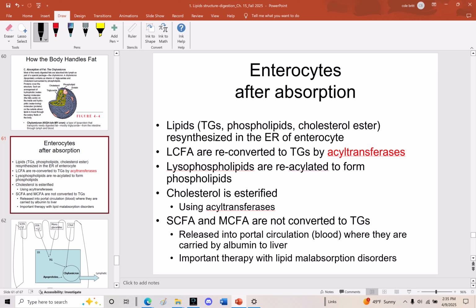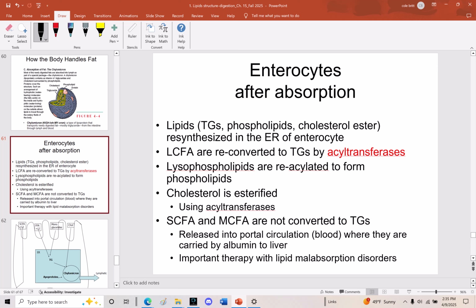So lysophospholipid will be re-acylated to form phospholipids. So that's going to be using the acyl transferases as well. And then cholesterol is also going to be added another fatty acid. So when I say esterified, this is just another way of saying you put a fatty acid on it. So when you esterify cholesterol, you put a fatty acid on it. And again, that's going to be using acyl transferases.